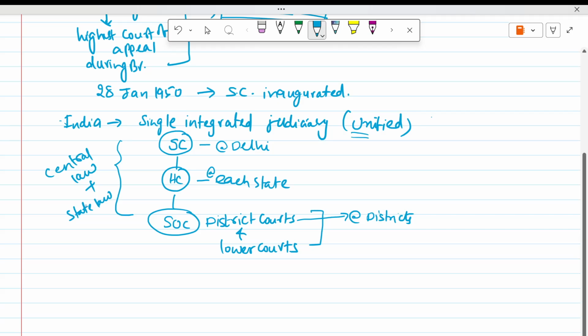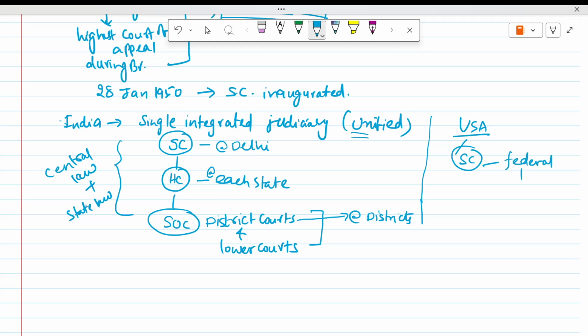If you take the United States of America, there is a federal judiciary. That is the Supreme Court, which will see only federal laws, meaning central laws. Whereas the High Courts will see only state laws.